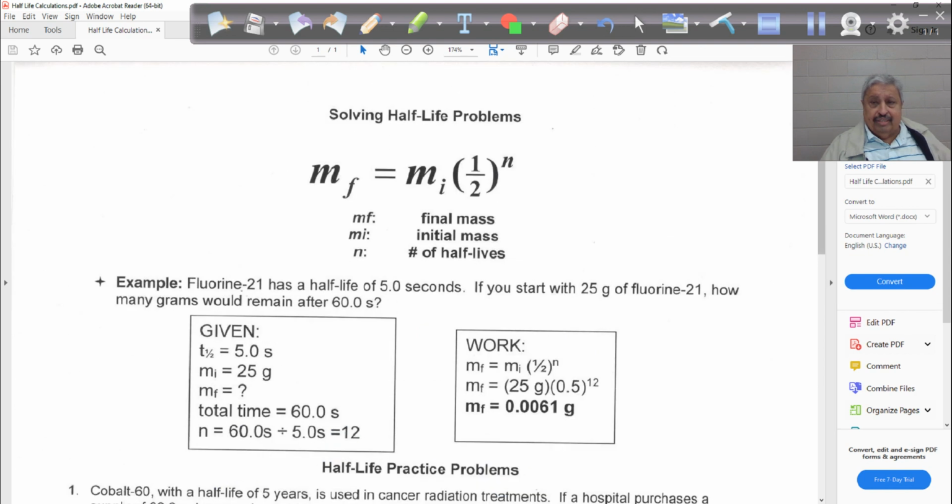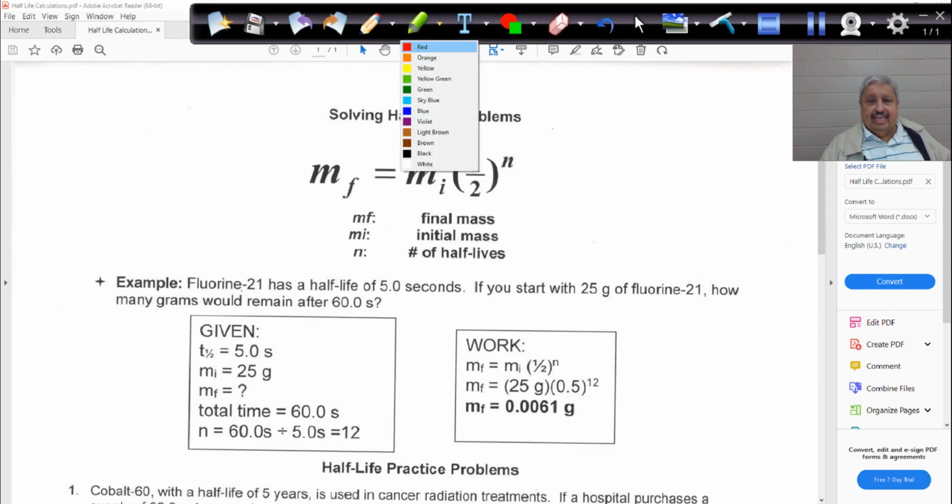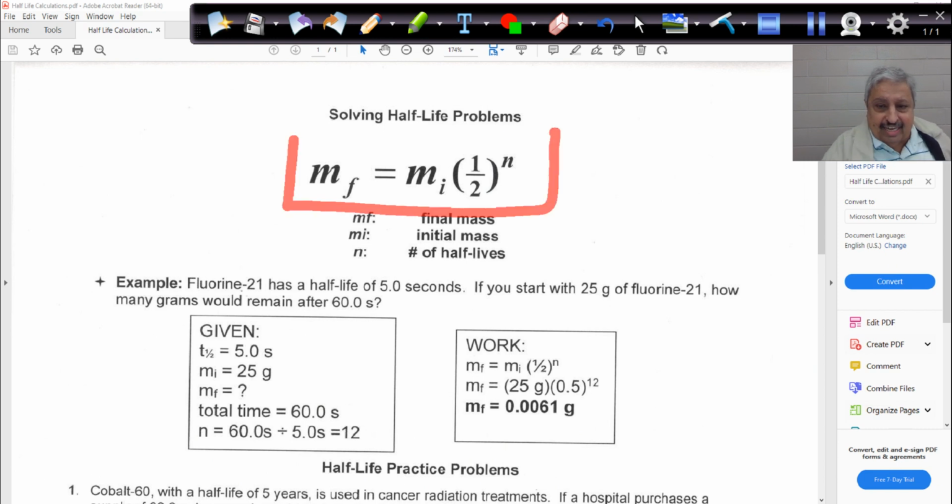Let's go back. How many sub-formulas can I make out of this? Don't let me down. 3. So this is 1, this is the one, correct?